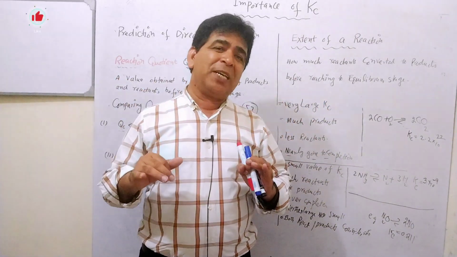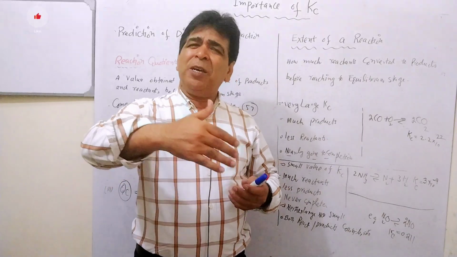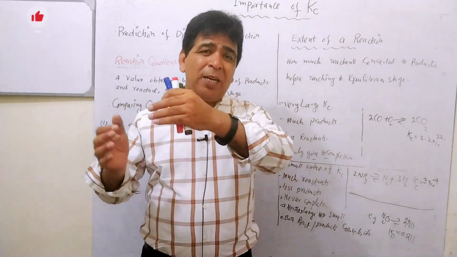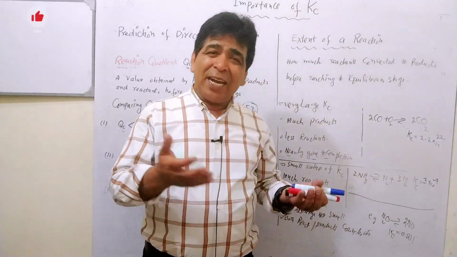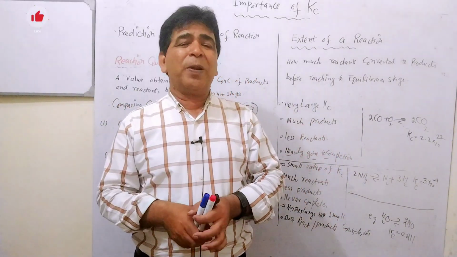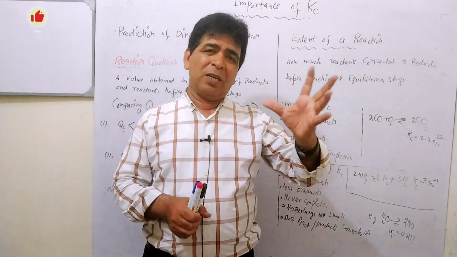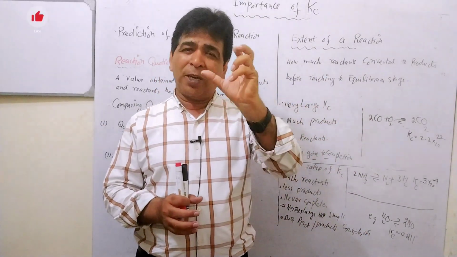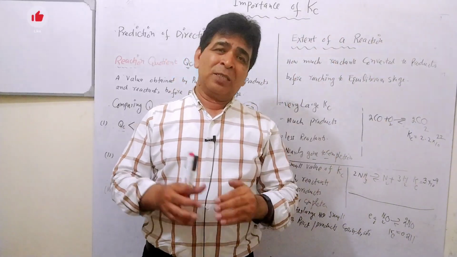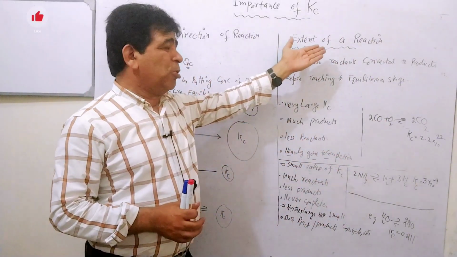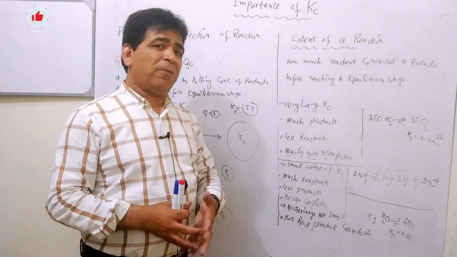Before getting to equilibrium stage, the reaction reasonably proceeded from reactants to products, and similarly products were converted into reactants. Therefore comparable amounts of both reactants and products are present. This is the meaning of a Kc value which is neither large nor small. This is the second point about the importance of Kc, the extent of a chemical reaction.